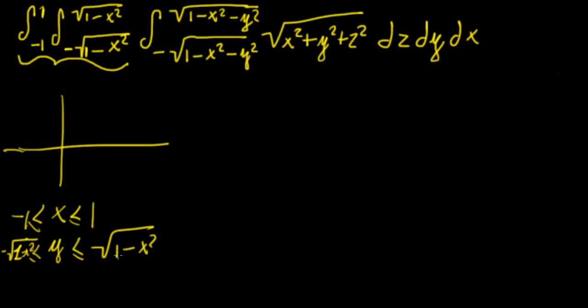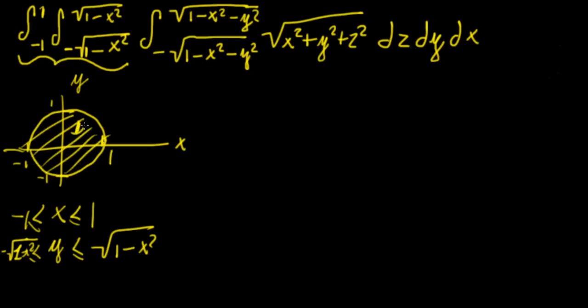Hopefully you can see that each of these semicircles has radius 1. So this is our x-axis and y-axis, and we have -1 and 1 here, and -1 and 1 here. The entire region that is built from those two semicircles is just a full circle. So this is going to be our region of integration D.